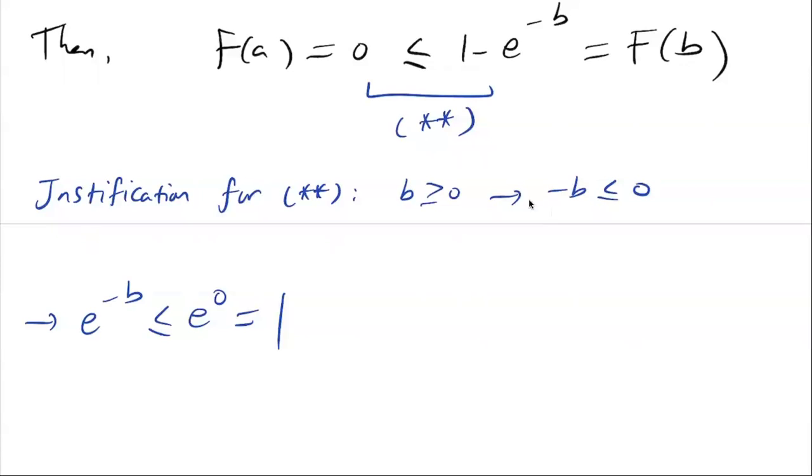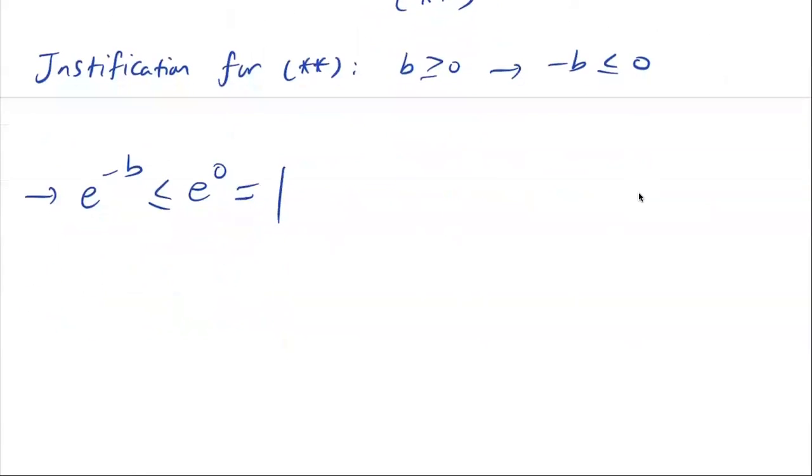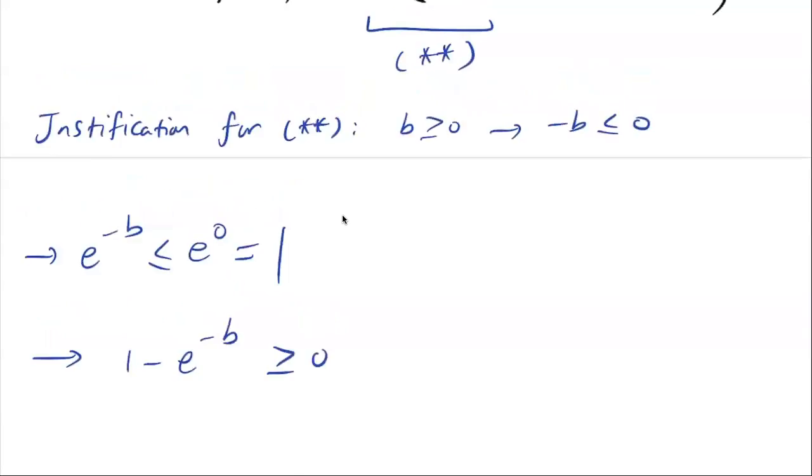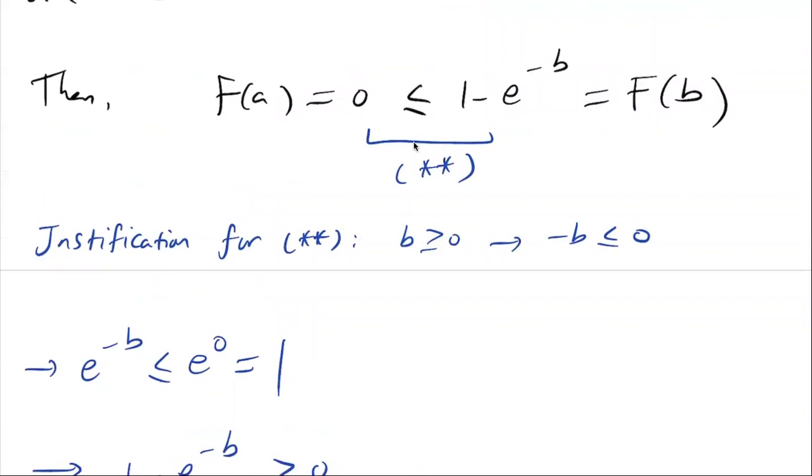Remember, we said exponential e to the x is an increasing function. So if you have two numbers, first less than second, e to first number will be less than e to the second number. So e to power minus b is less than e to power 0. And this means, if I take this term to the other side, 1 minus e to power minus b is bigger than or equal to 0. Which is what we were saying here, 1 minus e to the power minus b bigger than or equal to 0.